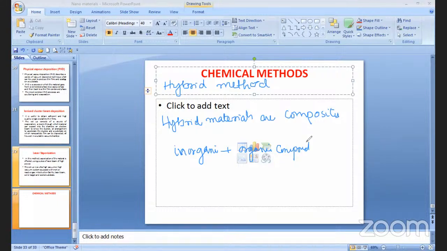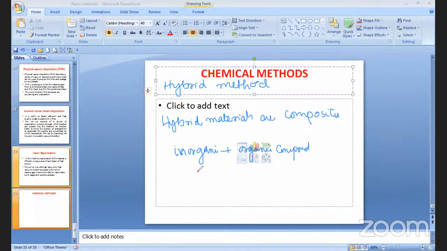Mixing at the microscopic scale leads to more homogeneous materials that have characteristics in between the two original phases, or even new properties.